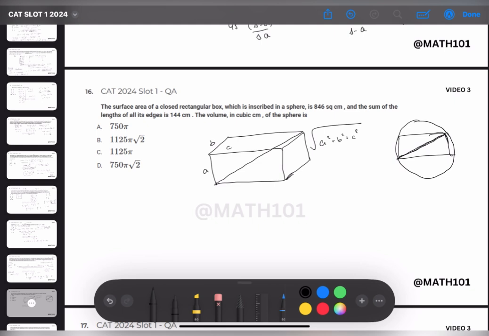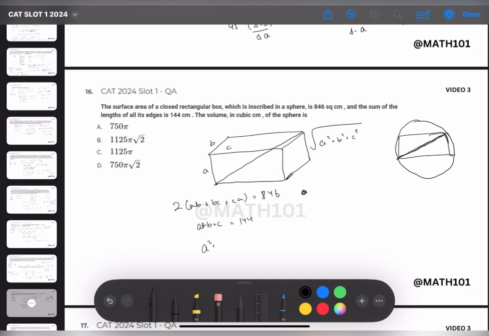We are given the surface area of the closed rectangular box, which is 2 times AB plus BC plus CA. The surface area is 846 and the sum of the lengths of its edges is 144. A plus B plus C is equal to 144.